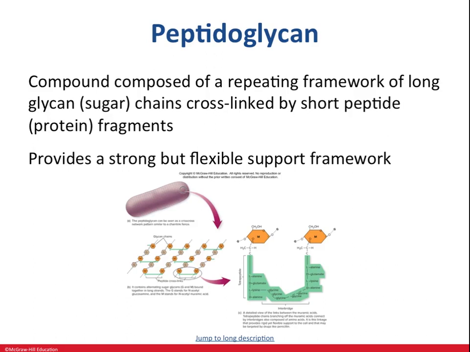As we can see in this diagram, the peptidoglycan provides a strong but flexible support framework. The purple stuff for this bacterium is peptidoglycan. So this is the sugar.